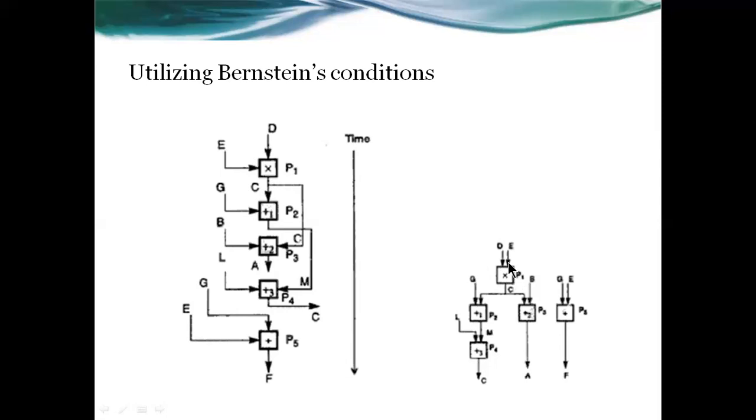Generally most of the time we see that the multiplier and divider will be done by a single unit. Addition and subtraction will be done by a single unit, right? So multiplication and division, we have only one, therefore we use it first for this, and two adders we are using, so two addition operations we can do in parallel, and then one multiplication.